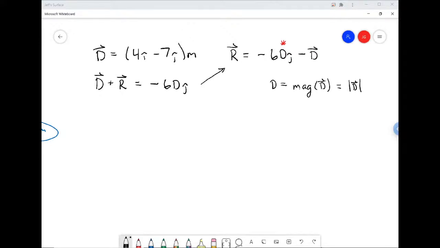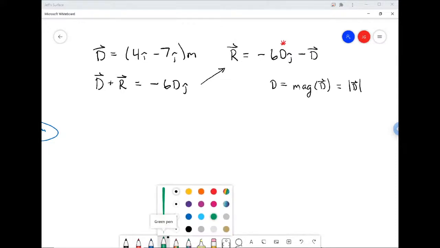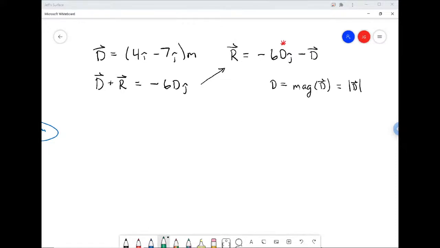It's the magnitude. So there's sort of a little aside here. Let's do it in green. If we have an x and a y axis, d has a positive x component and a negative y component. So d points down and to the right, something like that.